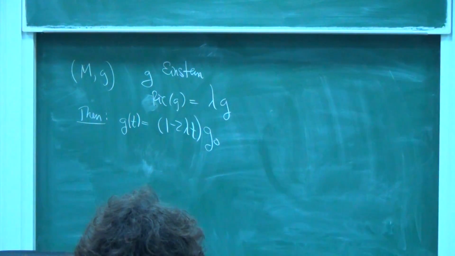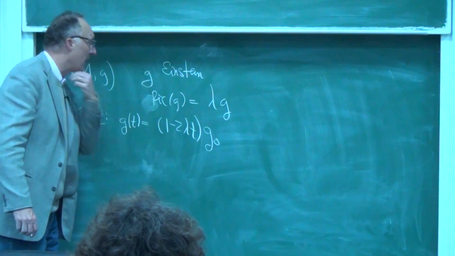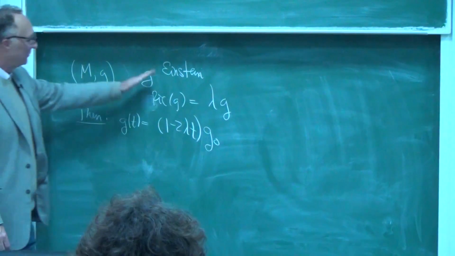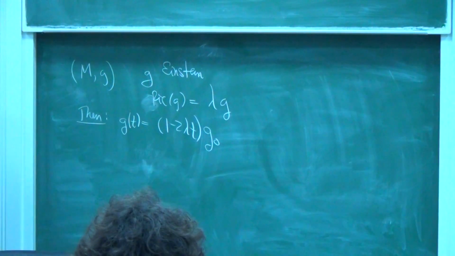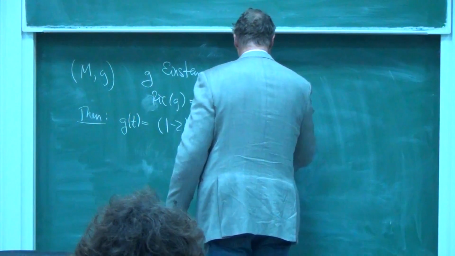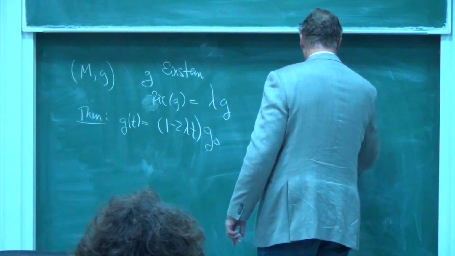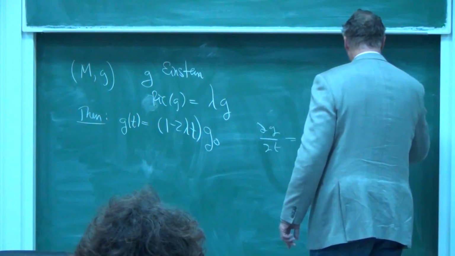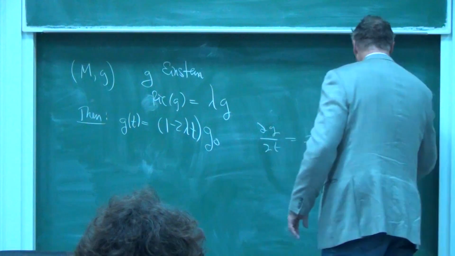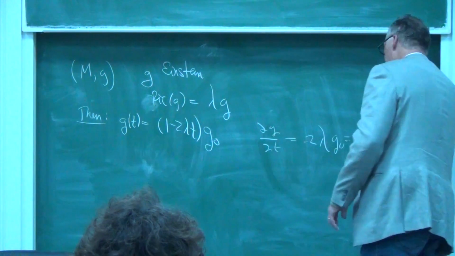So you see I'm scaling the metric by a constant conformal factor depending on time. When I do that, the Ricci curvature doesn't change, and if you differentiate, dg/dt is minus 2 lambda g naught, which is minus 2 Ricci of g naught. But because of this conformal change, that's also minus 2 Ricci of g of t. So that solves the equation.